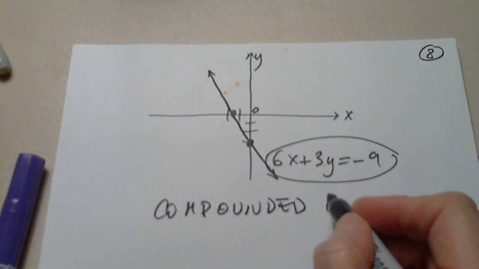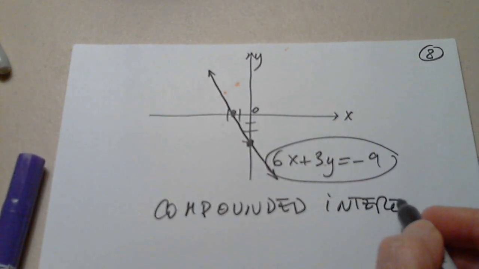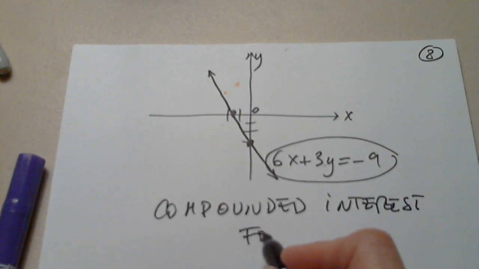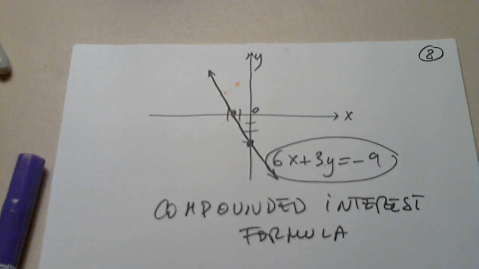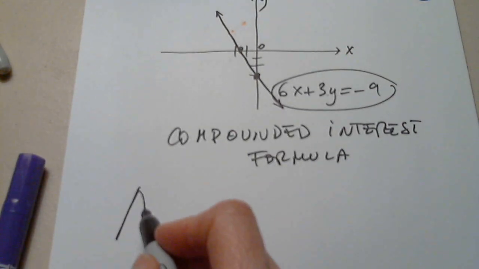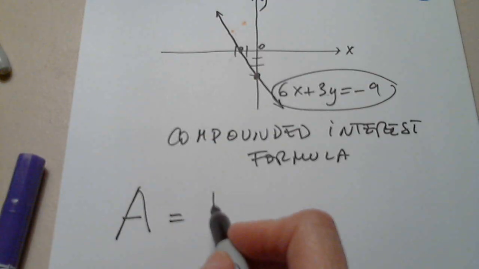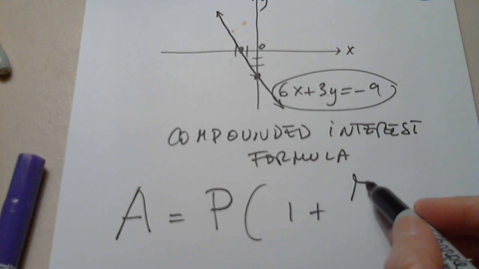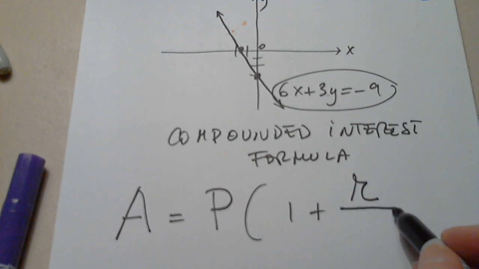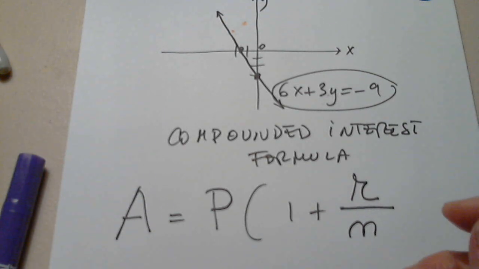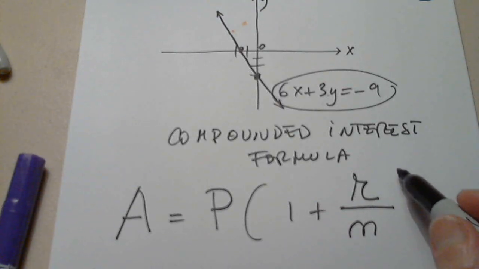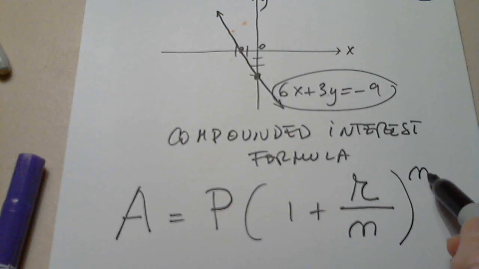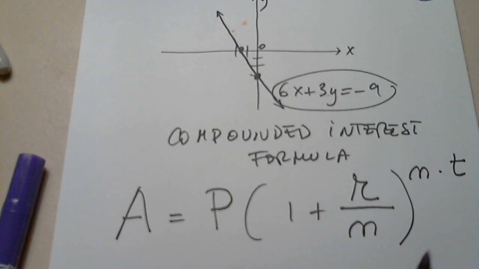So this is the accumulated value equals the principal times 1 plus the annual interest rate R over n, the number of times the interest is compounded, raised to the power n times t.